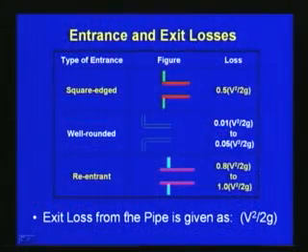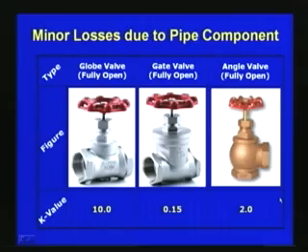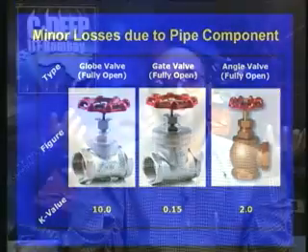So all the exit and entrance losses we can put in terms of v square by 2g, as we discussed earlier. And then some of the other important pipe components are valves and gates. Since these are also controlling the flow in some way, there will definitely be a pipe loss effect.